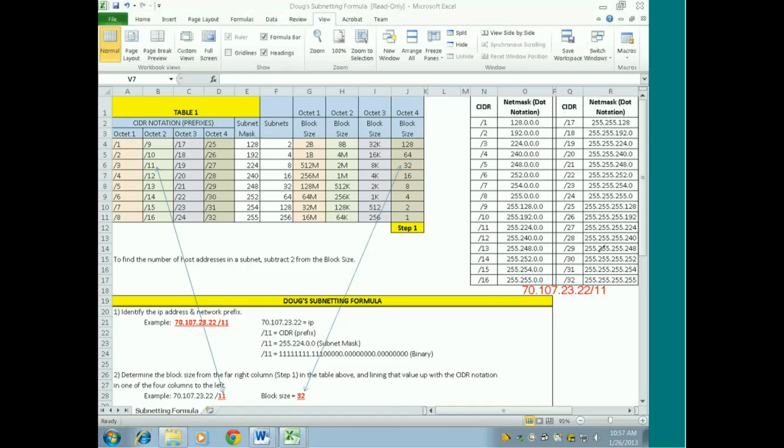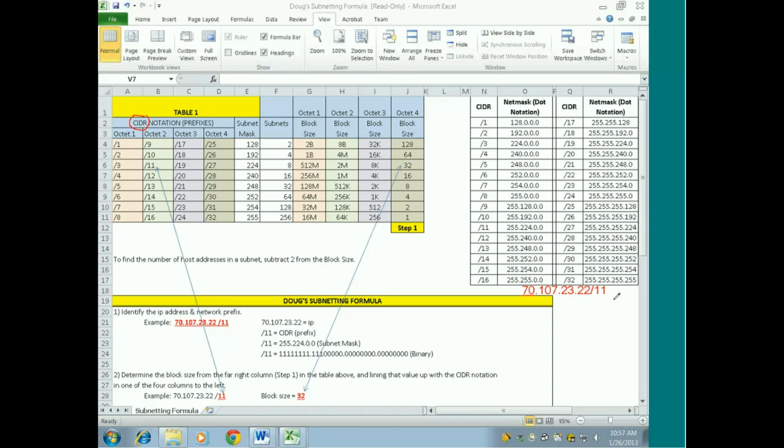Note that we no longer care about what class address we're working in. With CIDR, class means nothing. Nothing. What class address is it, just for reference? Do we care? No, we do not.